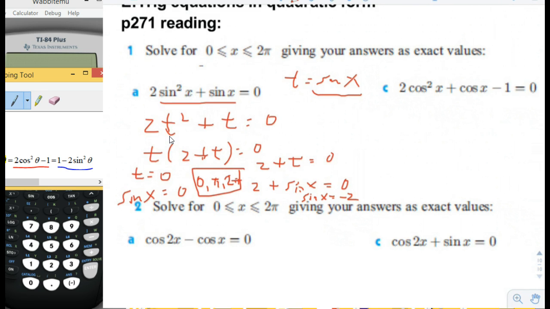And then for this one here, sine of x equals negative 2. There is no solution, right? Because sine of x is never equal to negative 2. It's between negative 1 and 1. So this part of the equation yields no solution. So the only solutions are these.